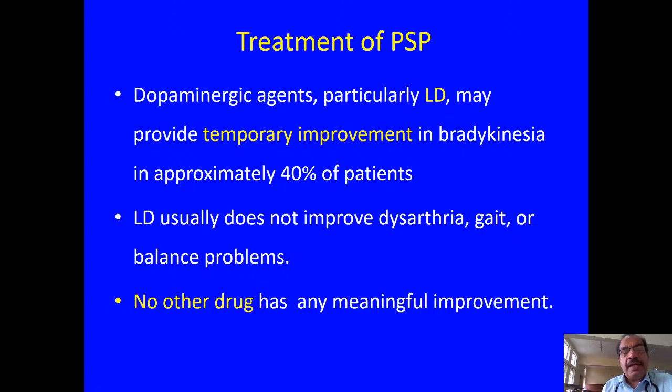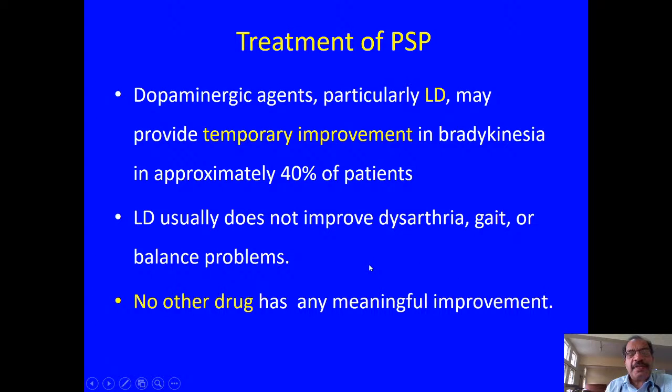So how do we treat? Again, it's a neurodegenerative disorder and there's no definite treatment available, but for bradykinesia and rigidity we can take the help of the drugs which are used in the treatment of Parkinson's disease like levodopa. But the improvement, if at all it occurs, is only mild and short-lived, and subsequently there is no response to the treatment.